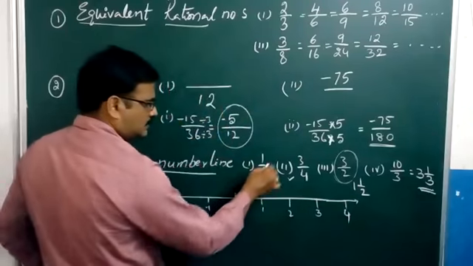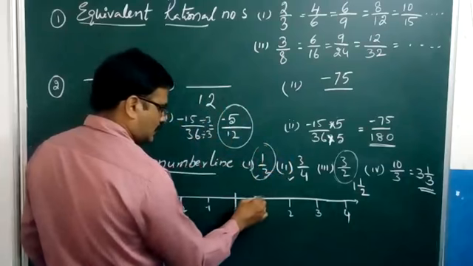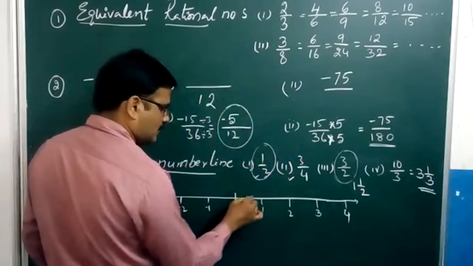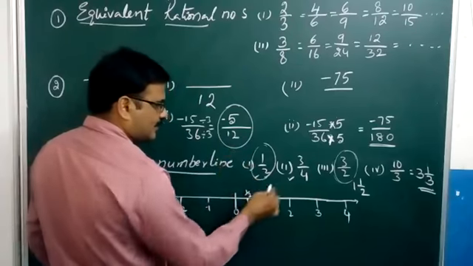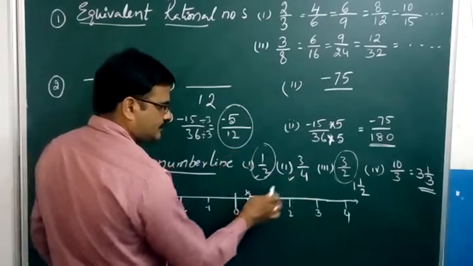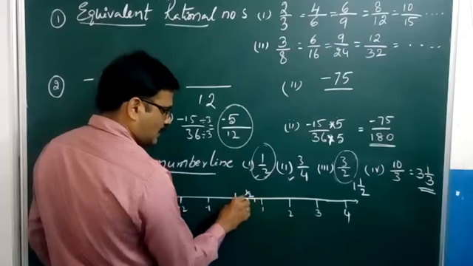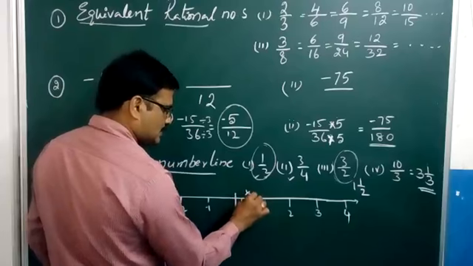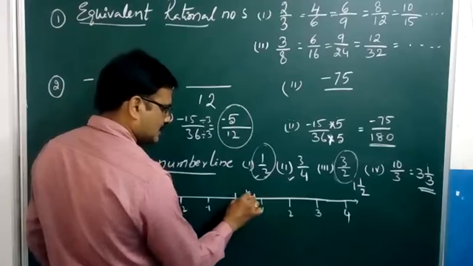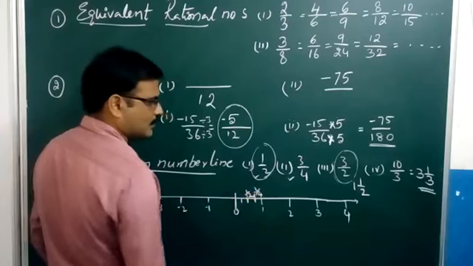Now the first one is 1 by 2, so you can divide this into 2 equal halves, and here you can write your value 1 by 2. Then for the second one, divide into 4 equal parts. Now this is divided into 1, 2, 3, 4 equal parts, so this part will be 1 by 2 and this part will be 3 by 4.